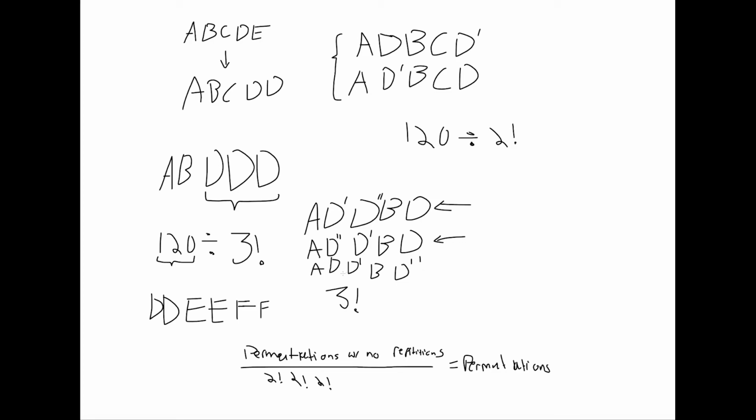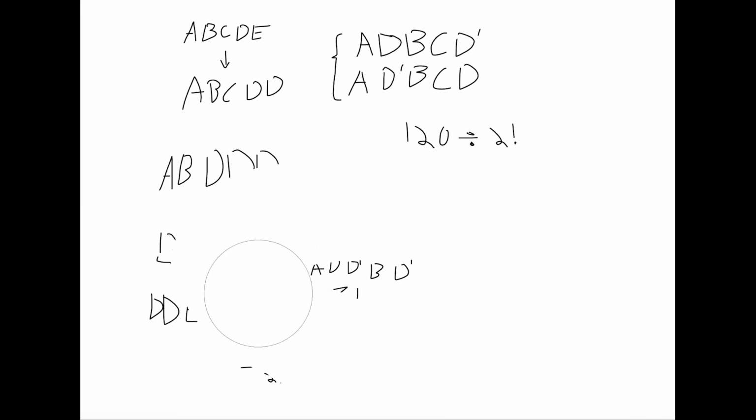That's yet another way to re-express this where the D's have all been mixed about. And again, with our 120 permutations, we were assuming that these were all different permutations. But really they're not. They're all the same permutation.